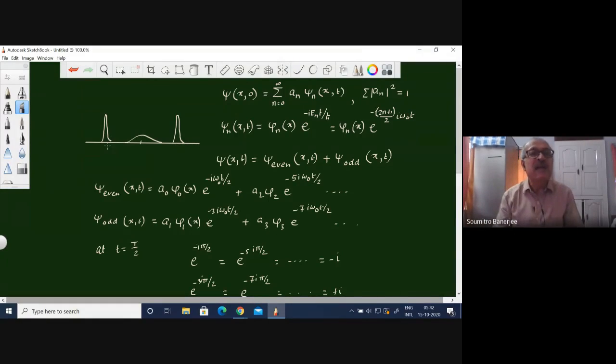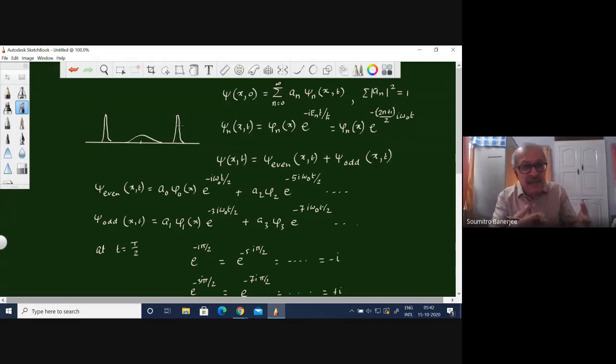You will find that because of the uncertainty principle, it's a narrow Gaussian in x, which means that its uncertainty in x is small, which means at that time the uncertainty in p has to be large. So in this case, the uncertainty in p will be large, and x will be small.